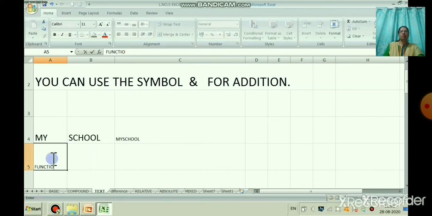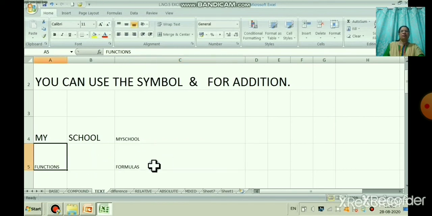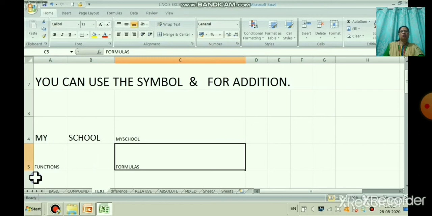One more example: I have written "functions", and in C5 I have written "formulas". In between, in column B, I have not written anything. So A is "functions" and C is "formulas". I want to add the text, so what will I do now?